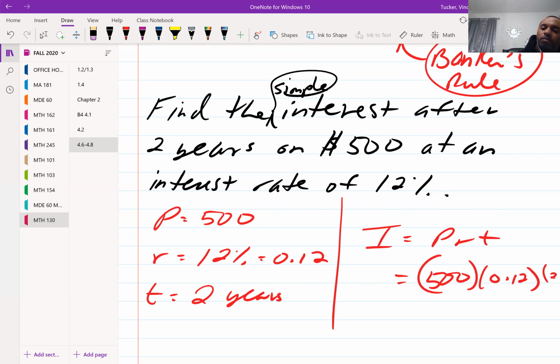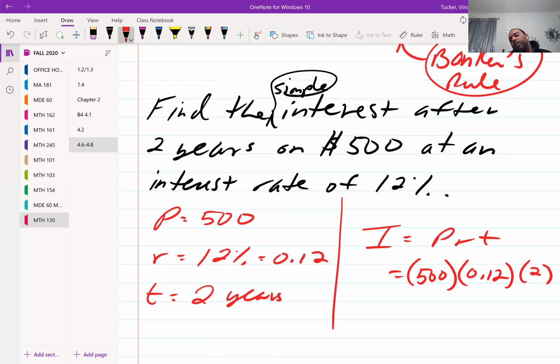All right, so the interest earned will be P times R times T, PRT. P is 500, R is 0.12, and T is 2, and that'll be $120.